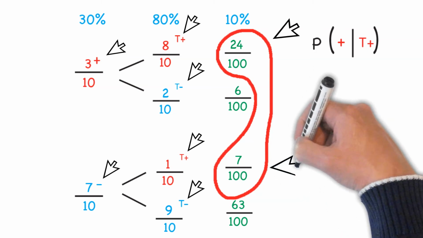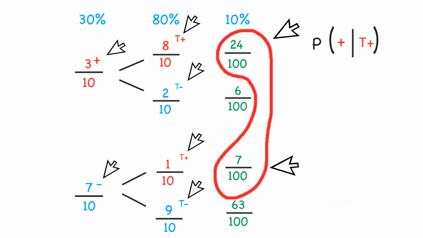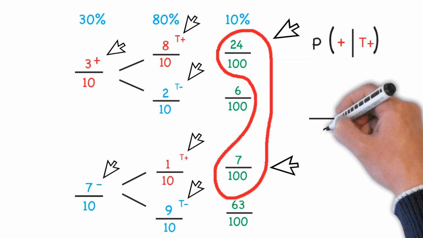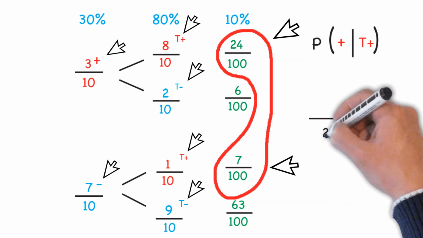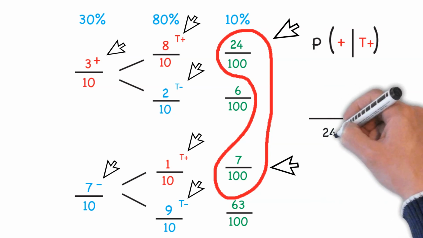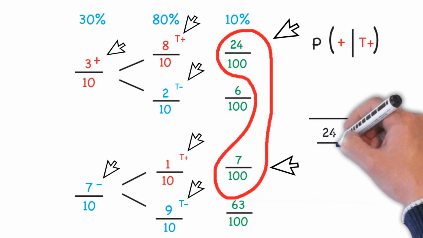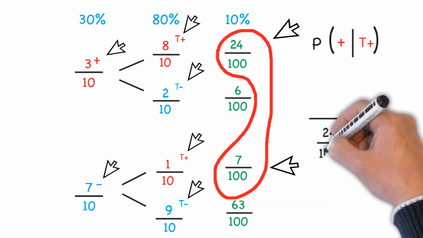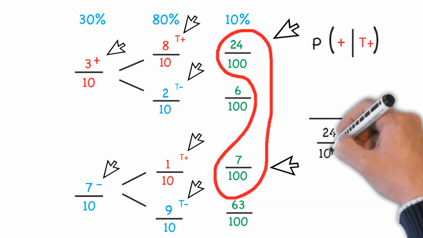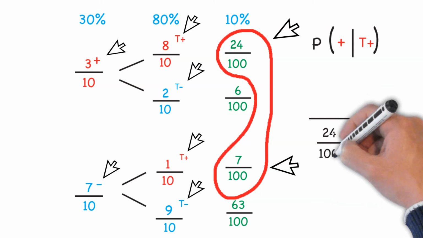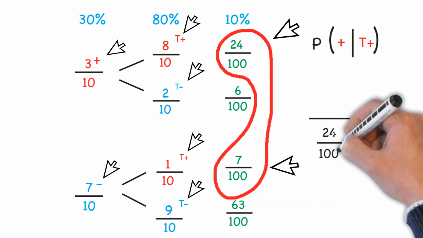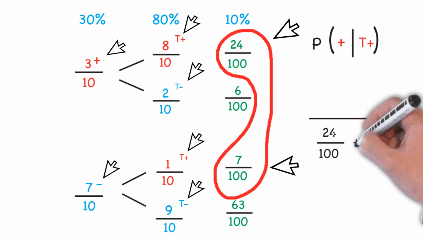So therefore, given that you tested positive, all the possible outcomes are the 24 over 100, which is one of the possibilities of testing positive. And the other one, the 7 over 100, the probability of testing positive even when you're not positive.